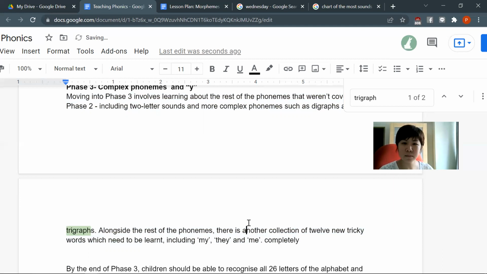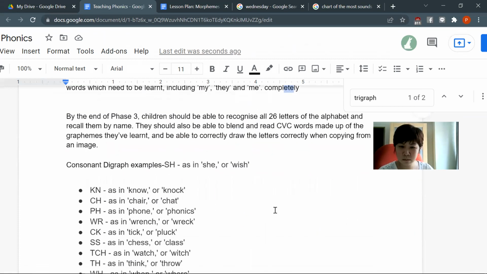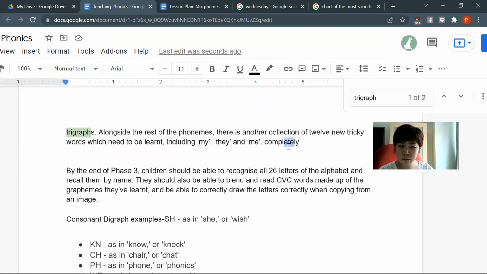So the reason we have "completely" is because at the end here, the "eat" at least is easy to understand. You have E with another E after the consonant that makes an "eat" sound.